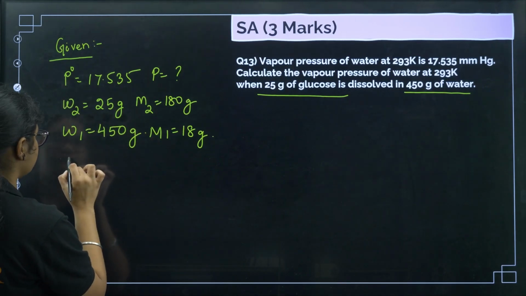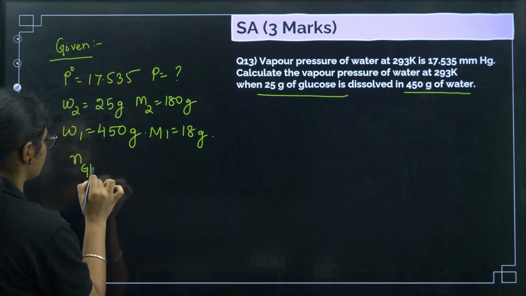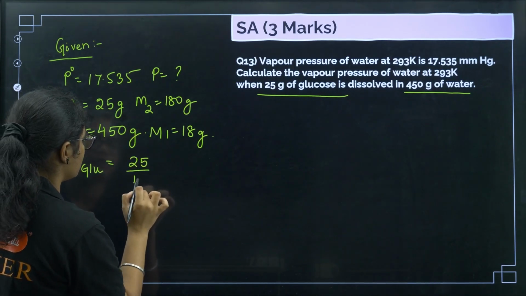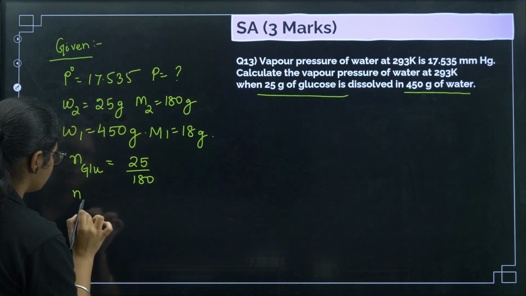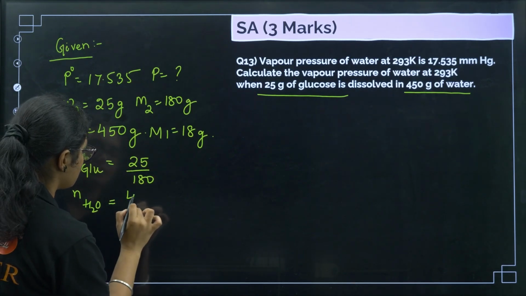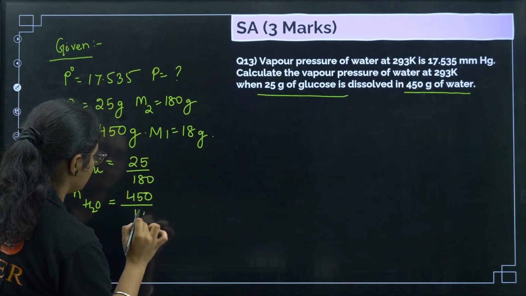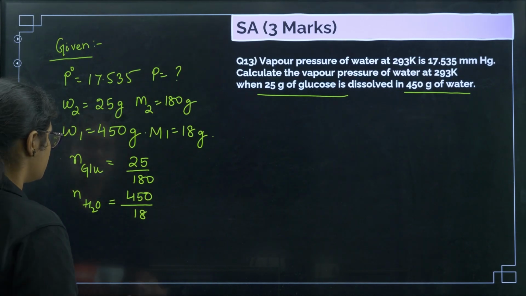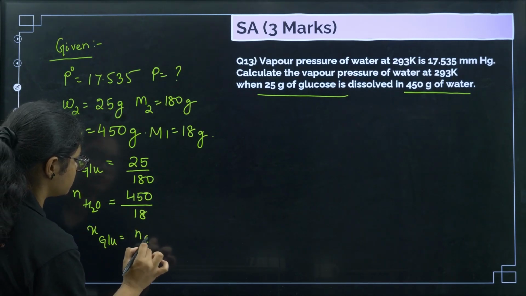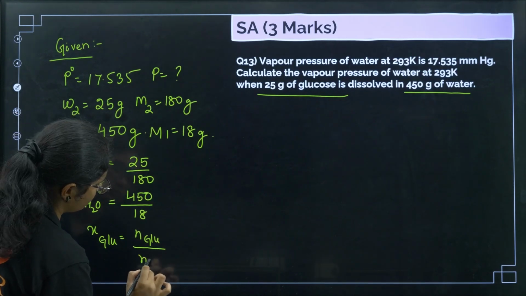So for that we first need to calculate the number of moles of glucose. Number of moles of glucose will be given mass by molar mass. Next, number of moles of water will again be given mass by molar mass. This is done. Next, to calculate mole fraction of glucose, that is number of moles of glucose by number of moles of water.